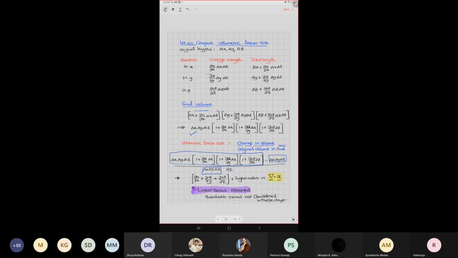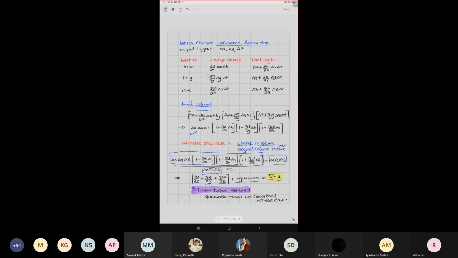If you do that, you will be in a position to really call it volumetric strain rate. And that volumetric strain rate is del U by del X plus del V by del Y plus del W by del Z plus higher order terms, because delta X, delta Y, delta Z cancelled out. You will be in a position to divide by delta T.